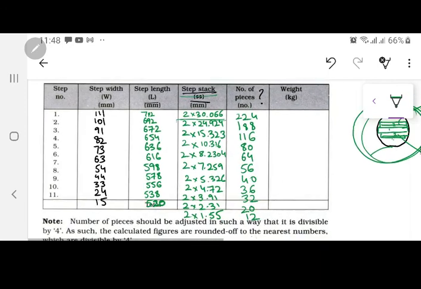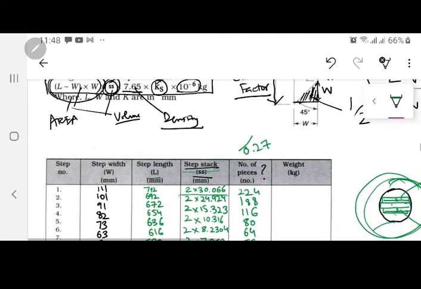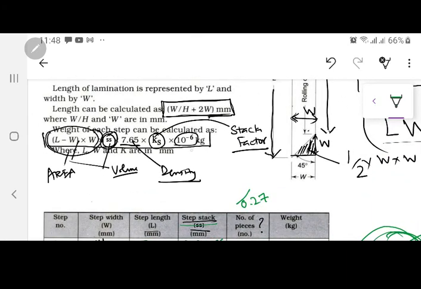Now one thing very important: the last column has nothing to do with the number of pieces or laminations. Remember this. Why? If you see the formula for the weights, you have area, multiplying it by SS, you are converting it into volume, multiplying it by density, you are converting it into mass, and then multiplying it by stacking factor, you are already converting into the net iron weight.